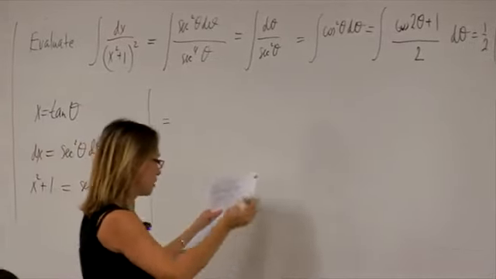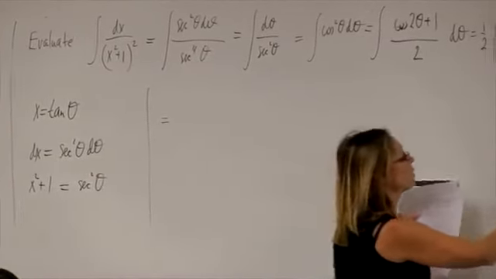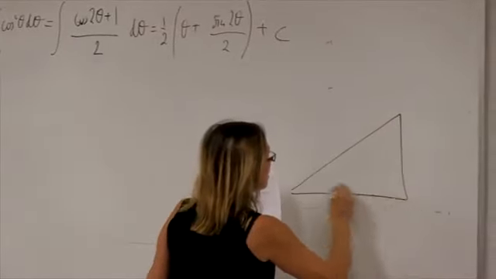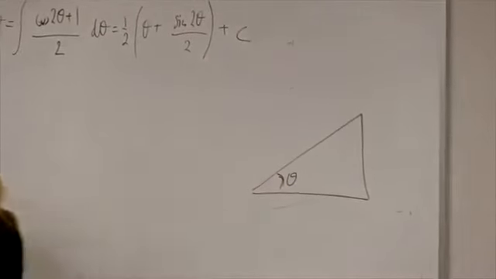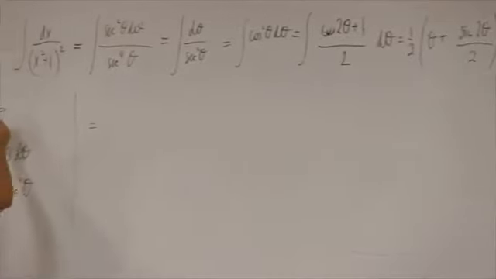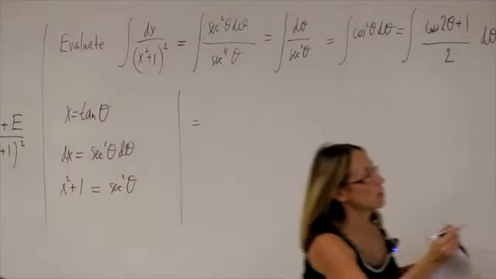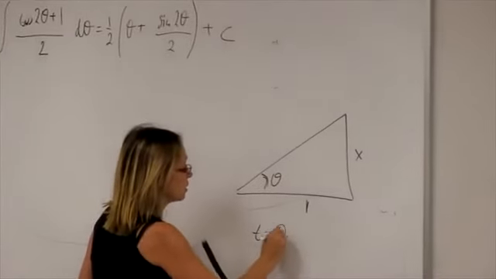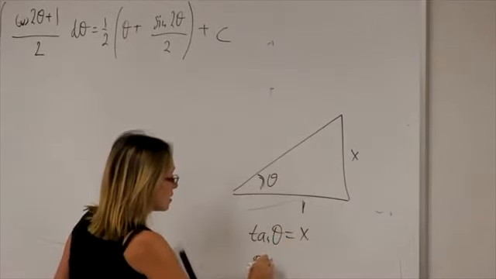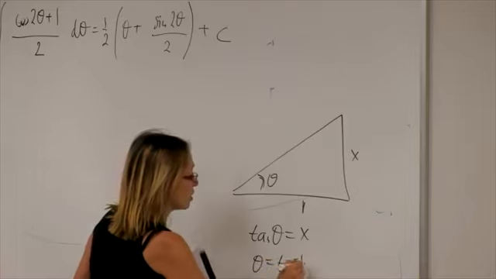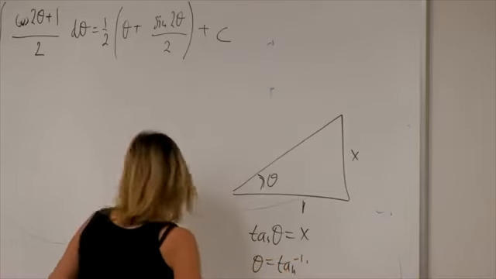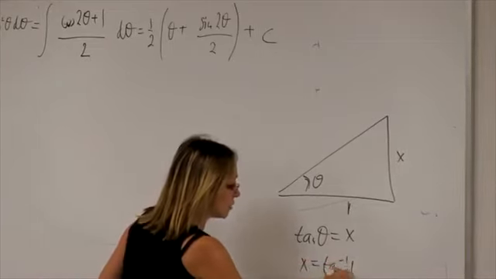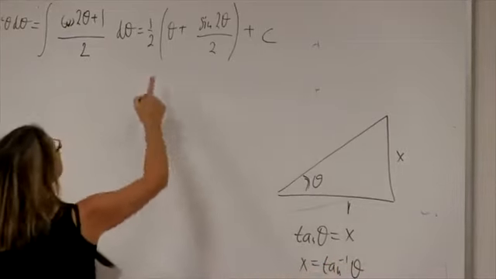So let's do a little triangle, right? We have to do a triangle, I believe. So this is my theta. What do I know about theta? Tangent theta is x. So I have to put this to be equal to x, and this is 1. Tangent theta is x, so theta is arctangent of x. And what do I need?